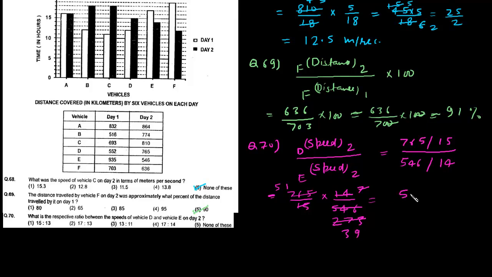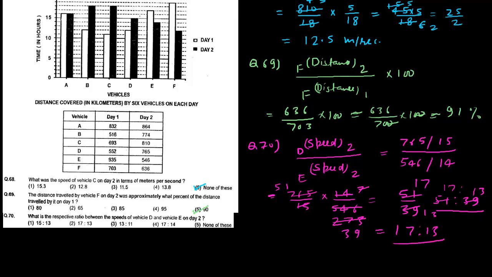So it is basically 51 over 39, that is 51 is to 39. Can we further simplify that? Yes, we can simplify from 3: 3 3s are 9, 3 1s, and 3, then 3 17. That is 17 is to 13. So it is simplified to 17 is to 13.